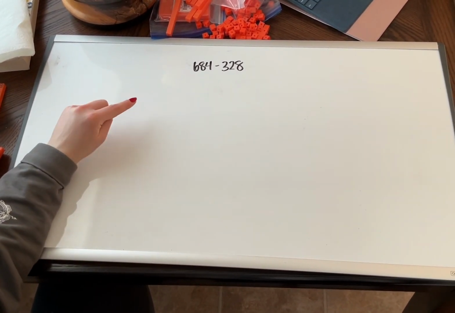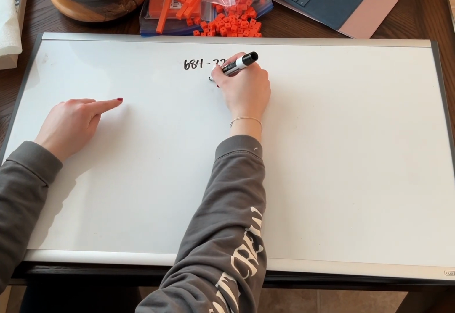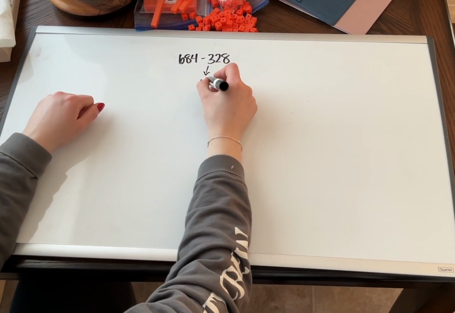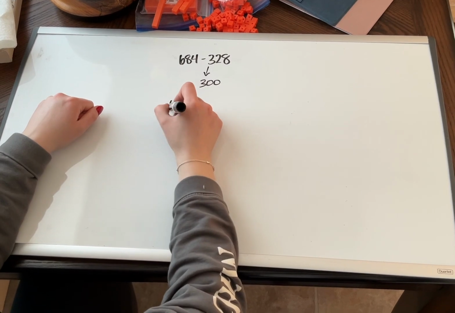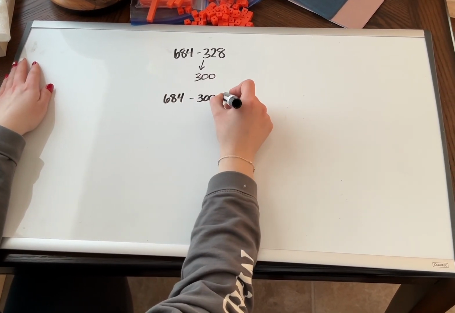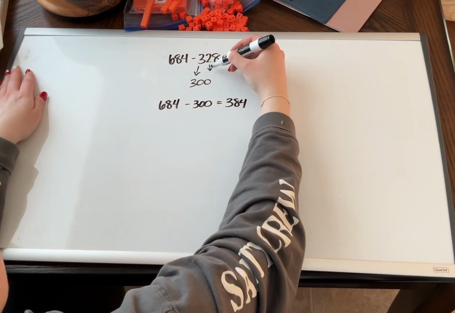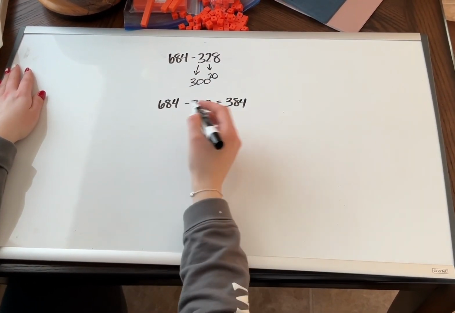Now I'm going to be using a personal strategy to figure this out. The easiest way for my brain to do this would be to break this into smaller chunks. So this is just going to become 300. So we'll have 684 minus 300 is going to be 384. And then this is going to become 20.